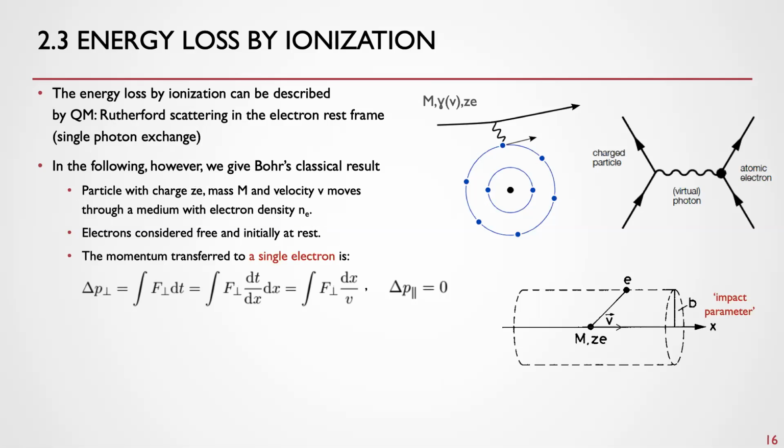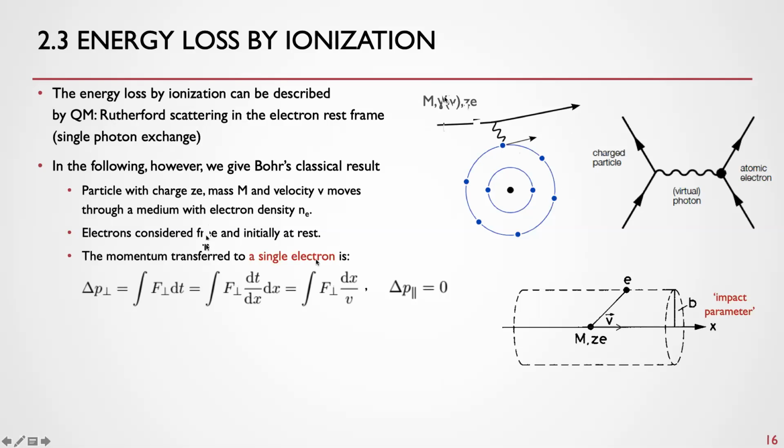Now we consider the electrons free and initially at rest. So we have a particle with mass m, some gamma factor as a function of its velocity, and a charge Z times e, which travels through matter and sees essentially these atomic shells with electrons free and initially at rest.